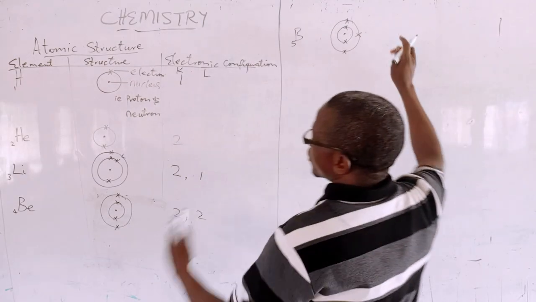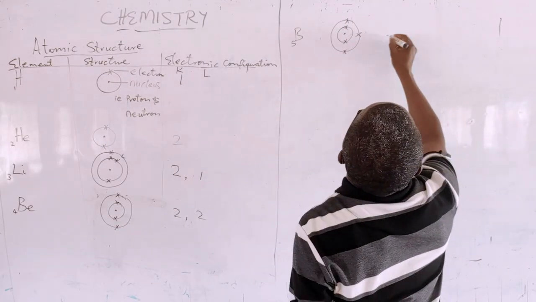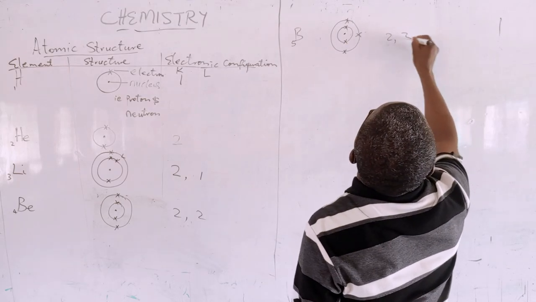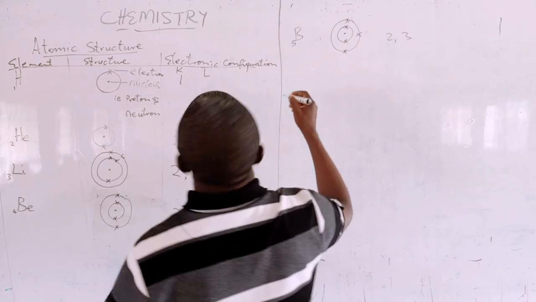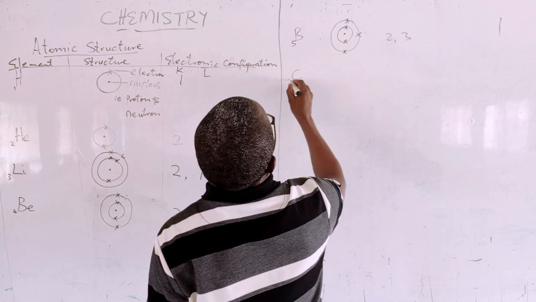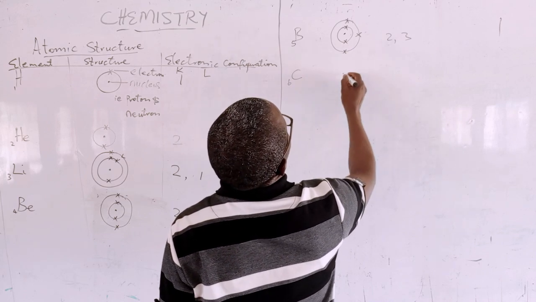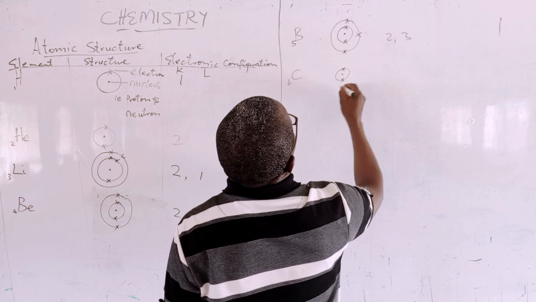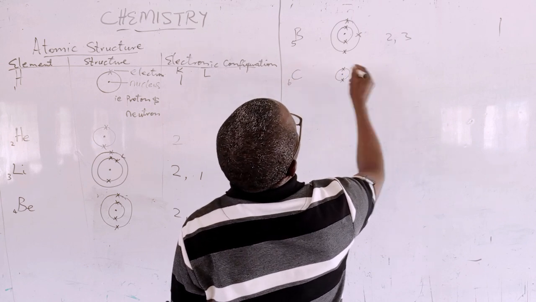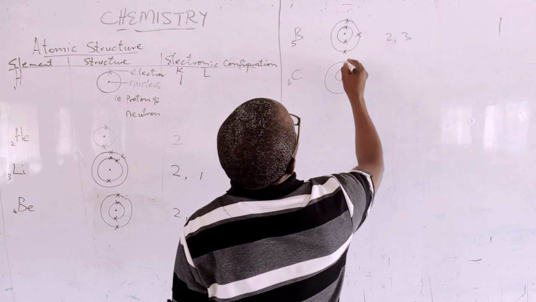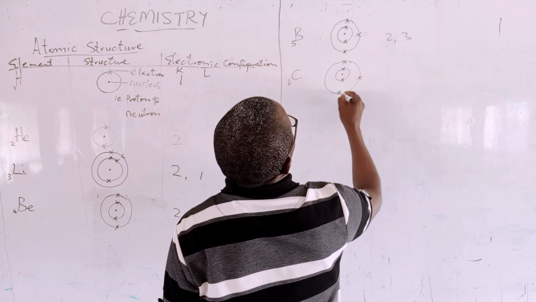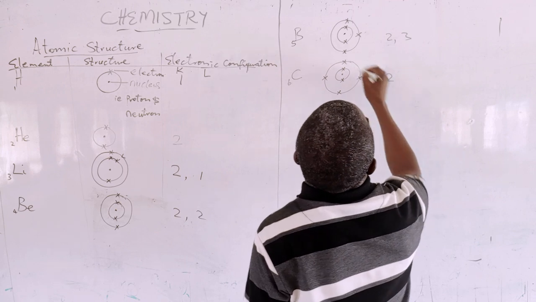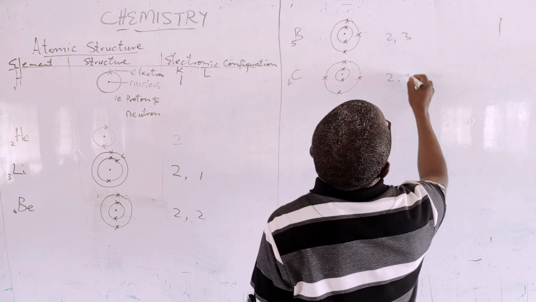Then the electronic configuration of it, the first shell carries 2, the second shell carries 3. Then the next one is carbon with 6. Now coming here, you draw the first shell with 2 maximum, remaining 4. That 4 you put 1 north, south, east, and west. Then you have 2, 4.